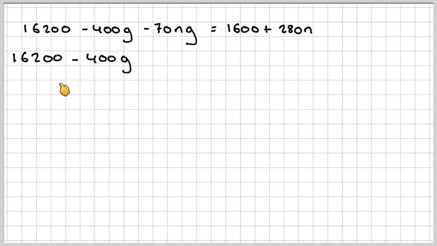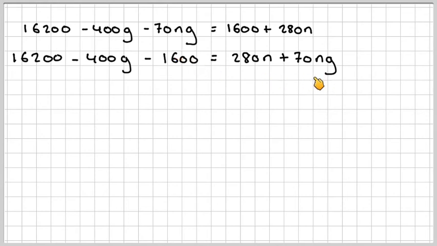So writing it out again, on this side we're going to have 16,200 minus 400g minus 1,600, and then on the right-hand side we're going to have 280n plus 70ng.